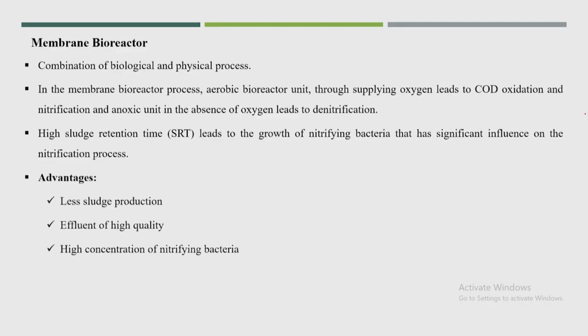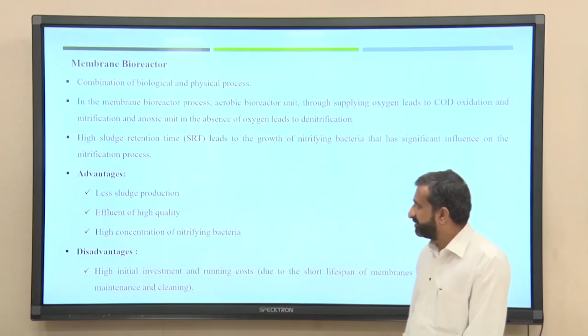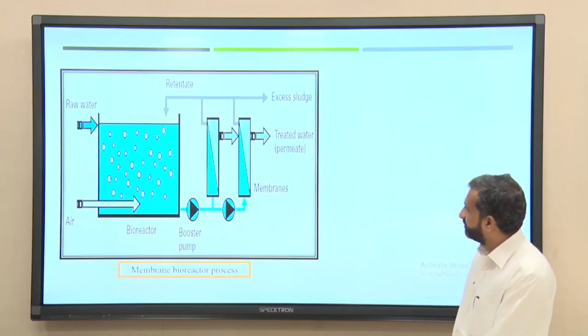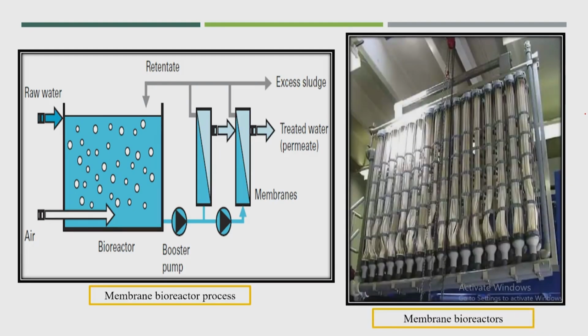The advantages are less sludge production, effluent of high quality, and a high concentration of nitrifying bacteria. The only disadvantage is the high investment cost. This is one small sketch of a membrane bioreactor. So, this is the membrane.